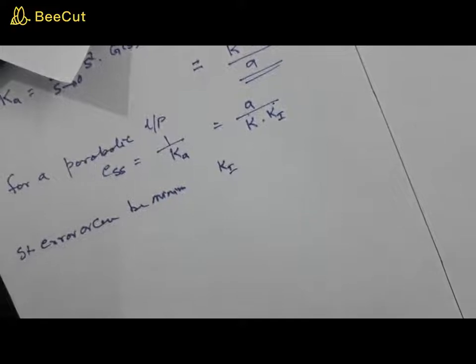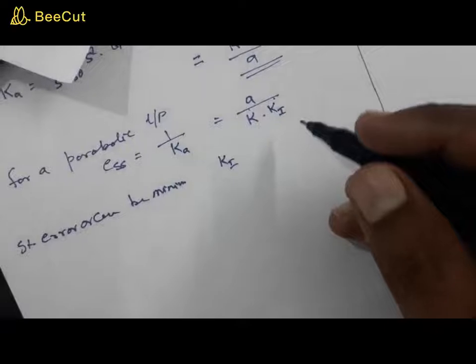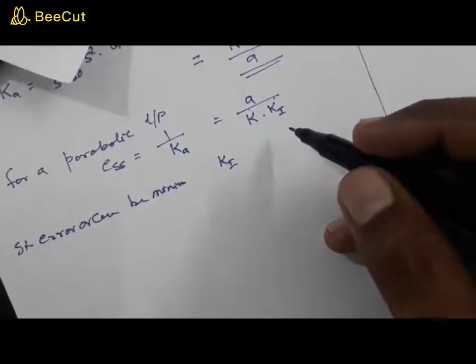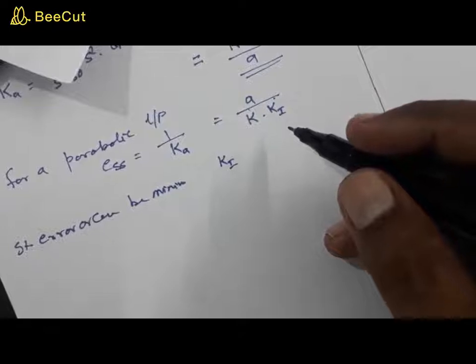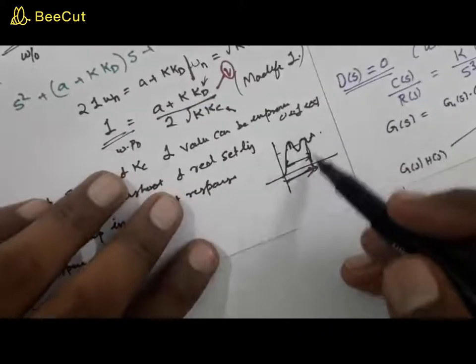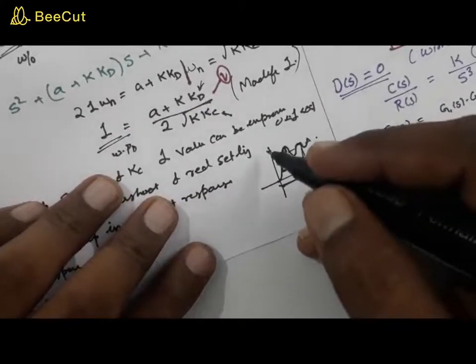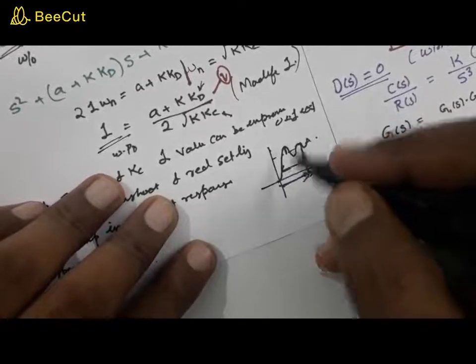So in a sense, you can see that by the introduction of an integral controller, the steady state response gets improved. In the derivative, we have seen that the transient response has been improved. This is actually the graph of a second order response for a step input. I'm just giving you an example.